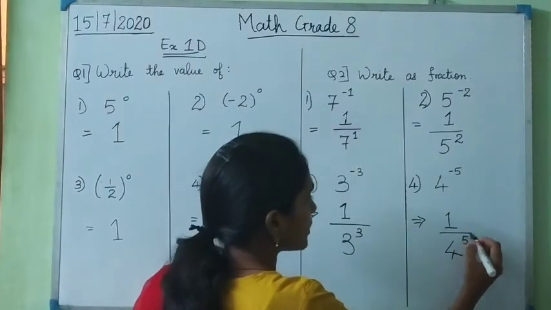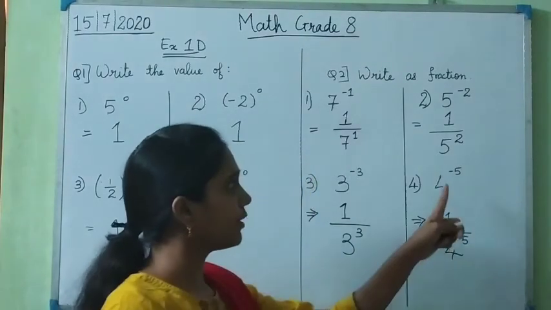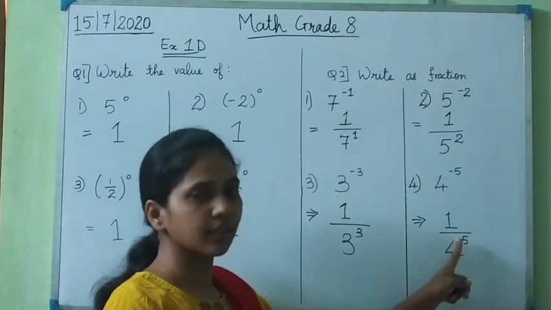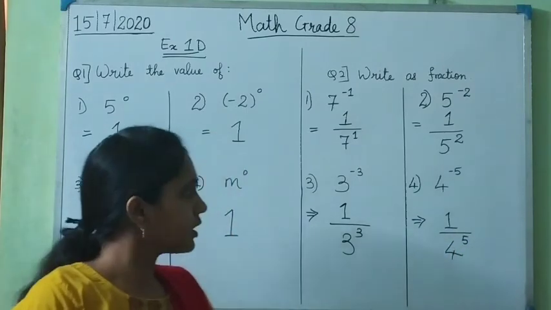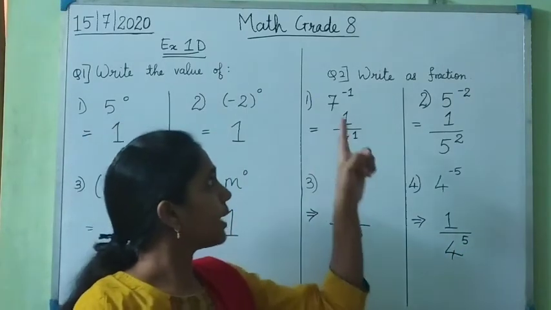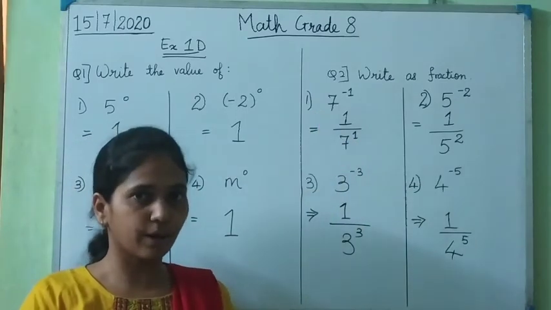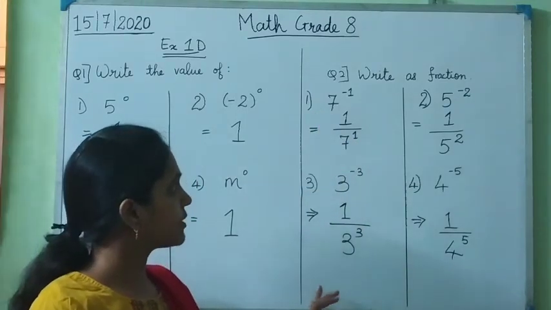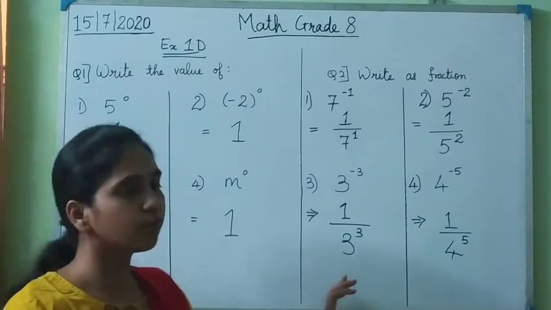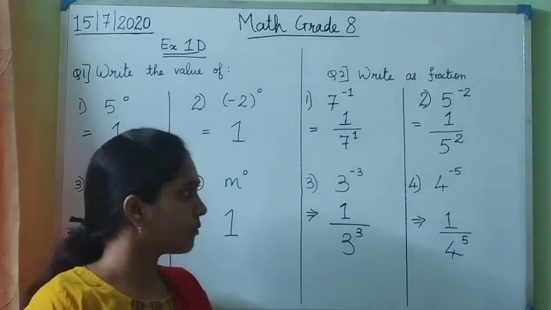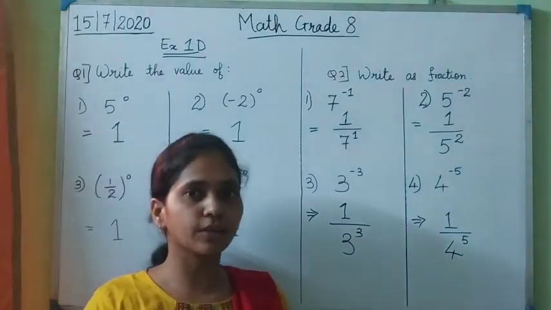The power which is 5 remains the same, only its sign has changed, it has become positive. Okay, so this is the way we write a number which is raised to a negative power. So this was about the fourth law of indices. Okay, so we will see more examples of the next type.